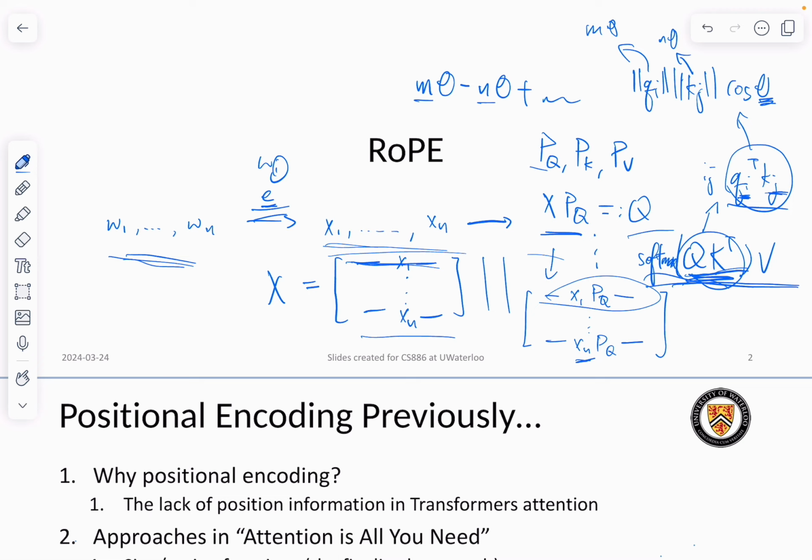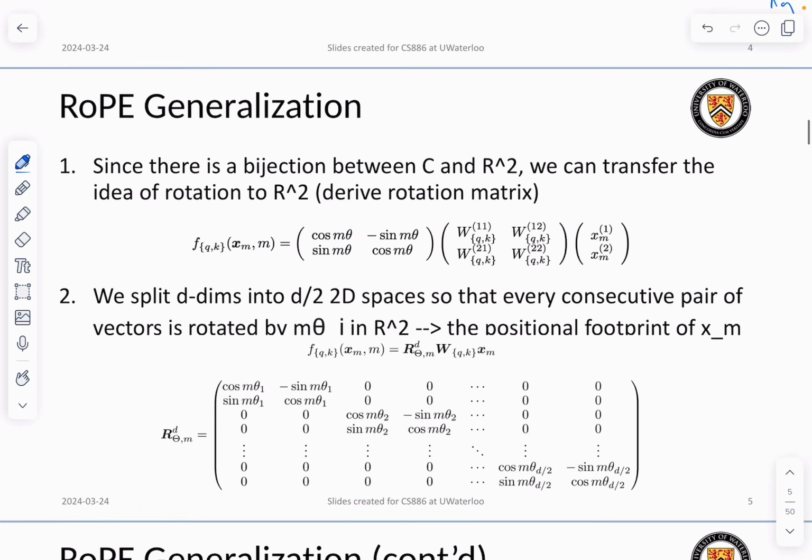But if m and n are close, this dot product is going to be large. That's a way of telling the transformer to keep the dot product large if i and j are close, but keep it small when they're further apart.